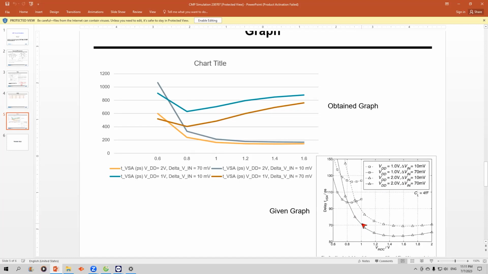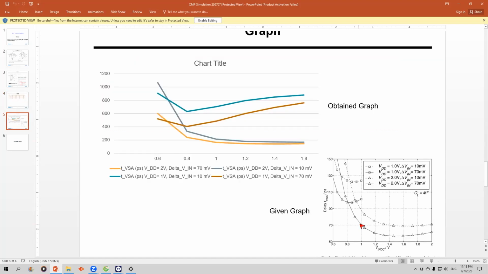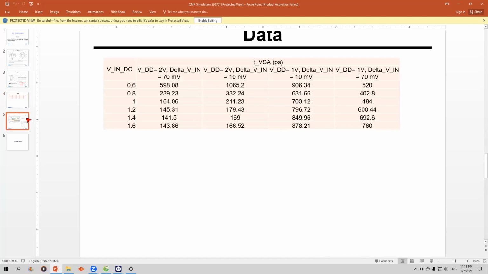For 1 volt, it should be 164, right? My simulation case is Vin DC of 1 volt. Yes, but for this, the TVSA should be 164. We did this, so it's almost double. Here it's about 70.